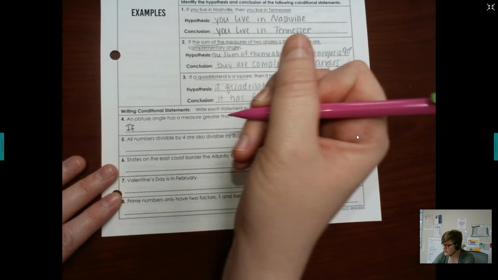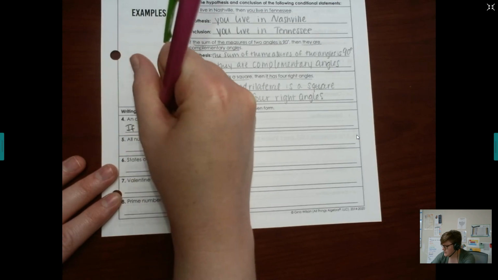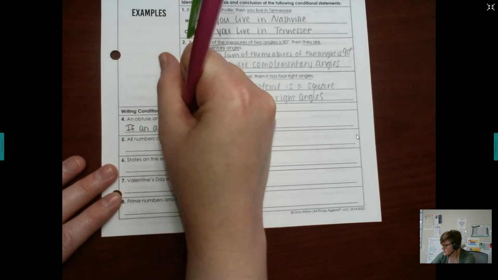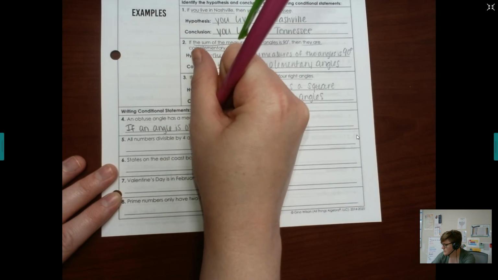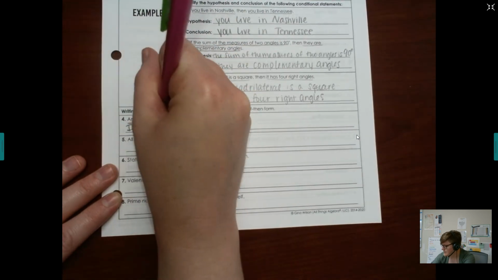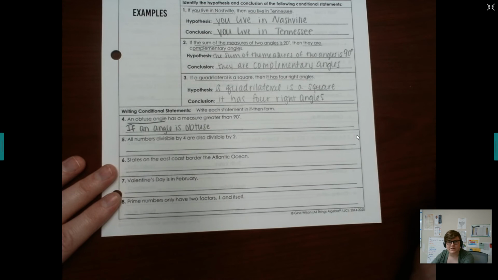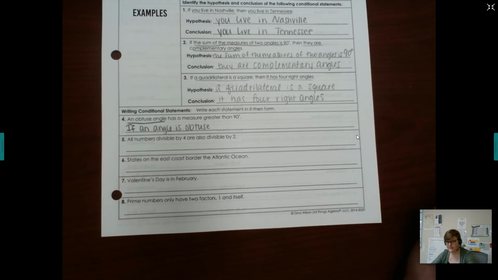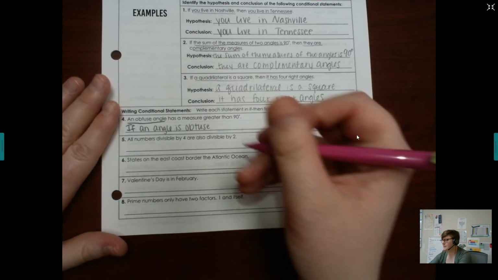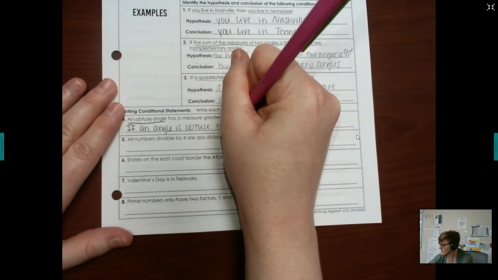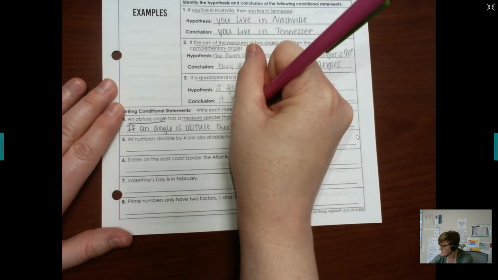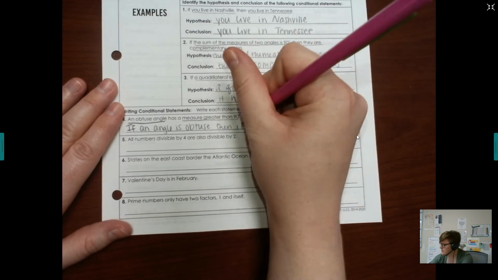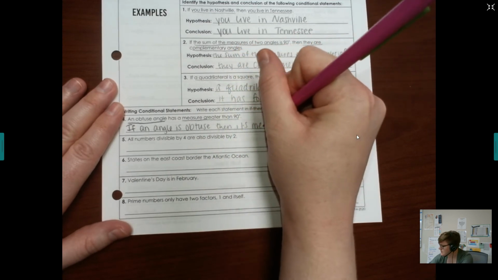So if an angle is obtuse, notice how I had to rephrase my sort of hypothesis to be grammatically correct. Then its measure is greater than 90 degrees.